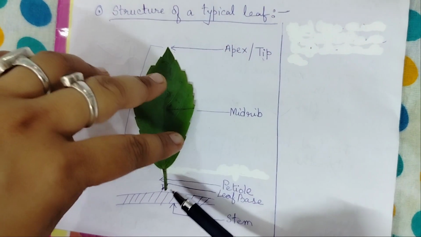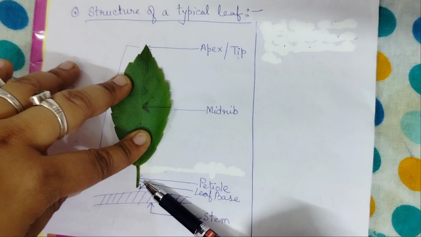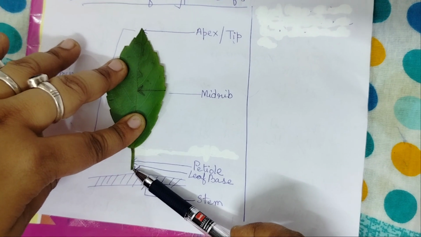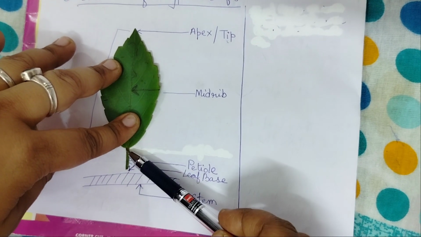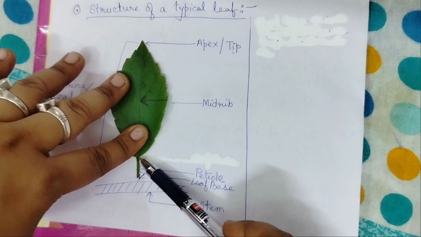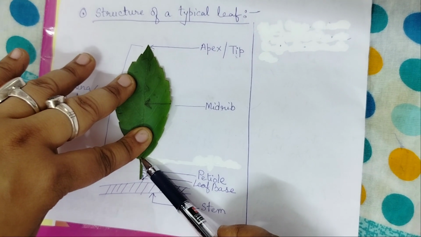So next, know about petiole. What is petiole? It is the cylindrical rod-like structure supporting the lamina at its base. So petiole is the rod-like structure which supports the lamina at its base.